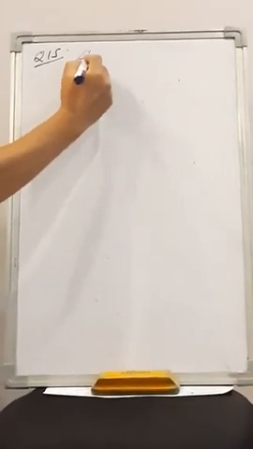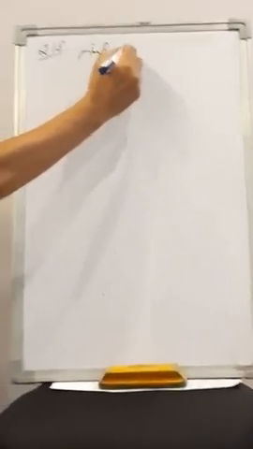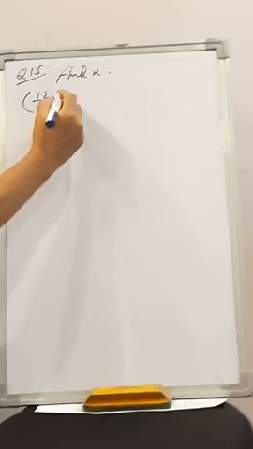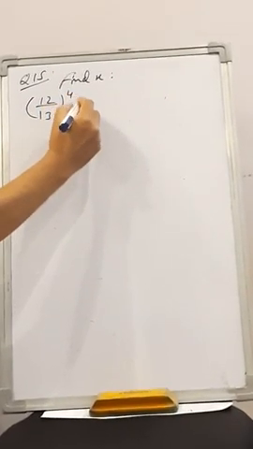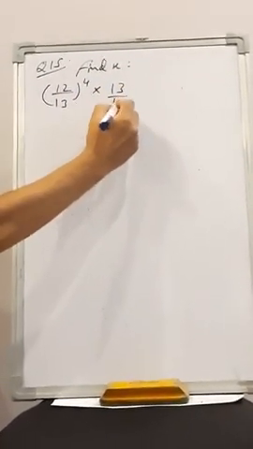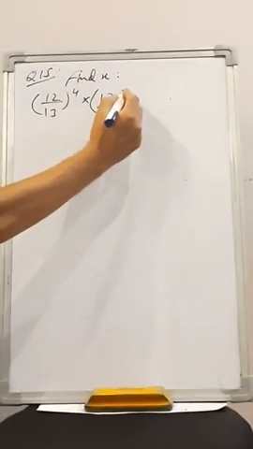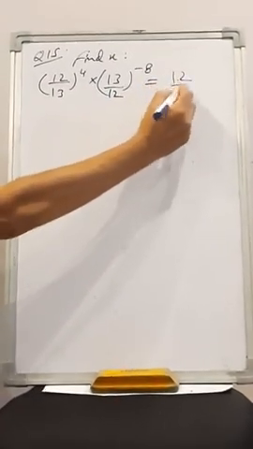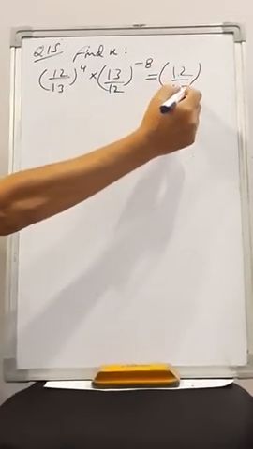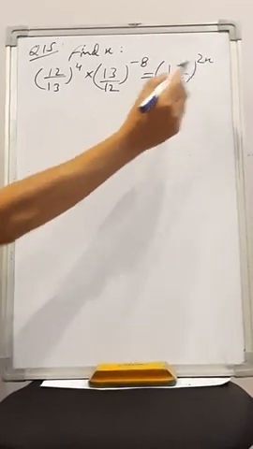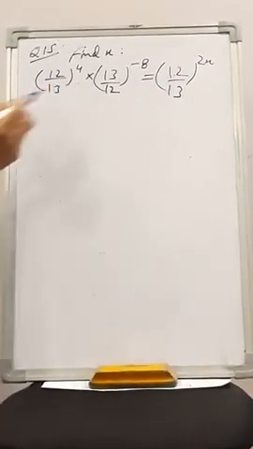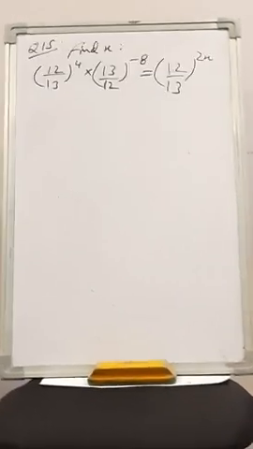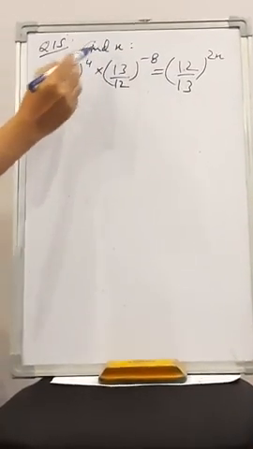Find x in the given equation: 12 by 13 to the power 4 into 13 by 12 to the power minus 8 equals 12 upon 13 to the power 2x. So this is an equation given here. We have to solve this equation to find x.